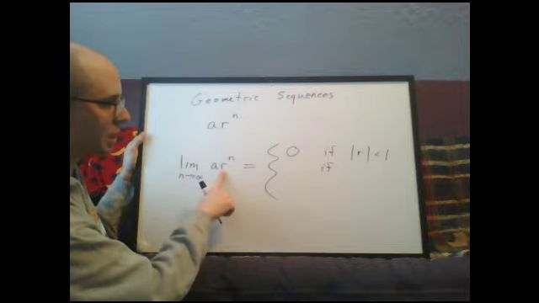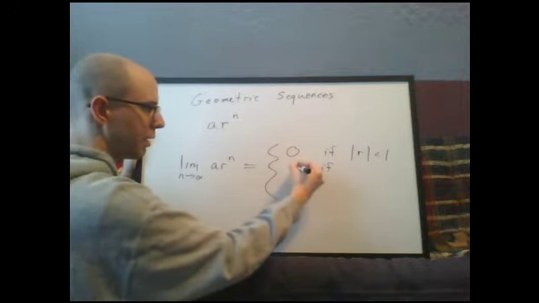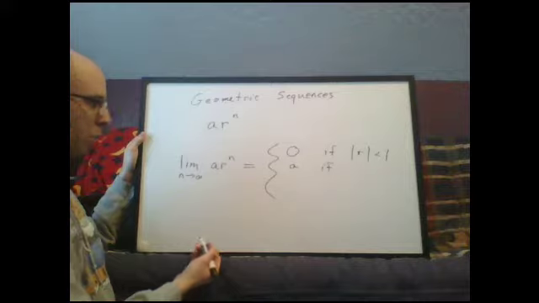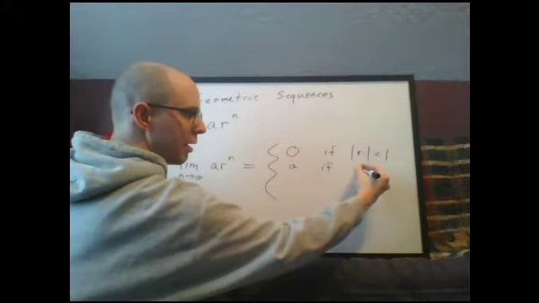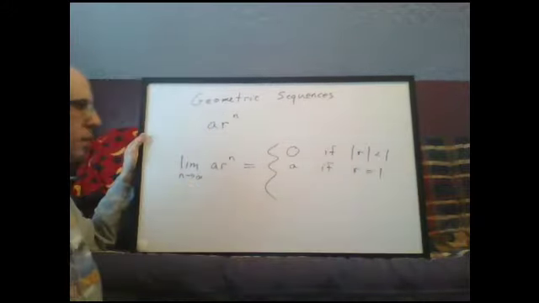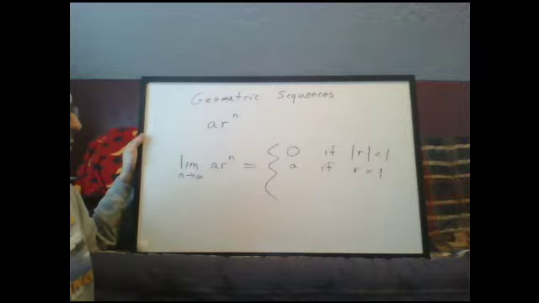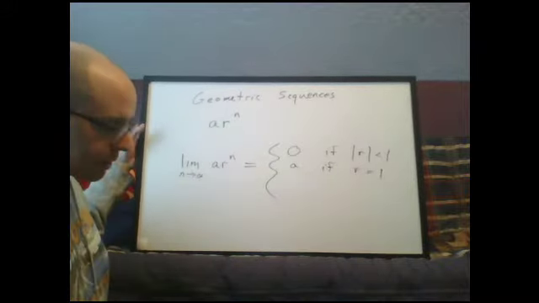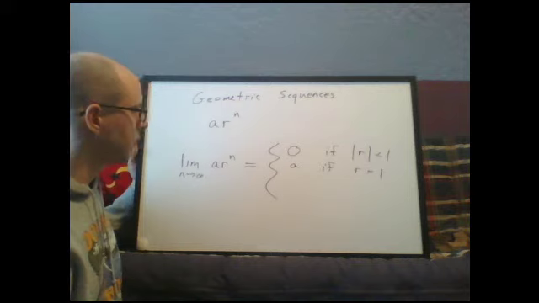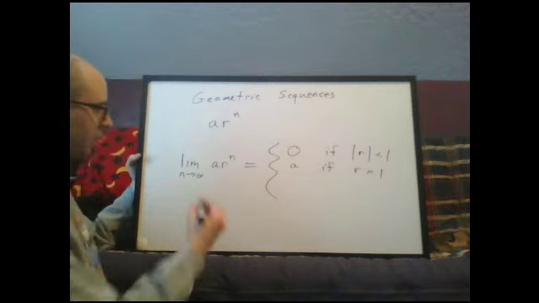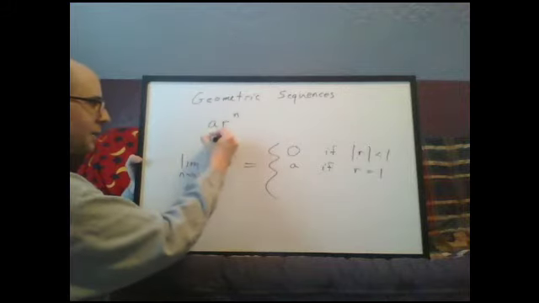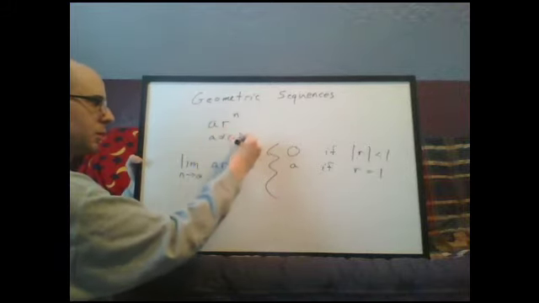If r was exactly 1, 1 to the n is always 1, so I just get a. So if r equals 1, I'd get a as my answer. I guess I want to assume here that a is not 0, otherwise some of this will seem silly.